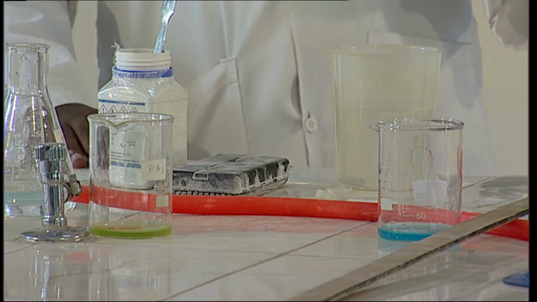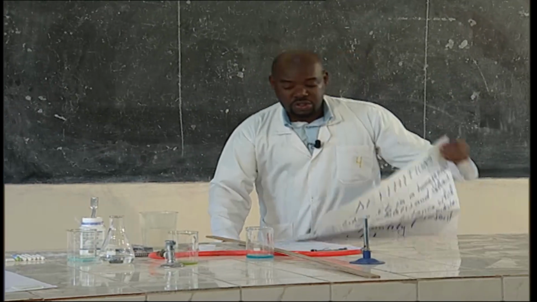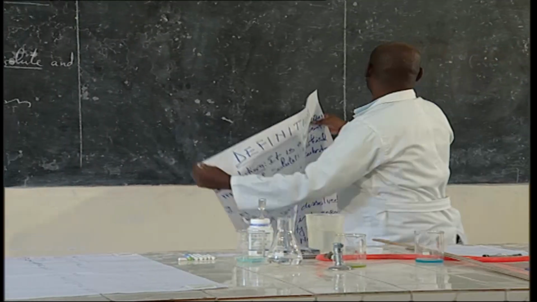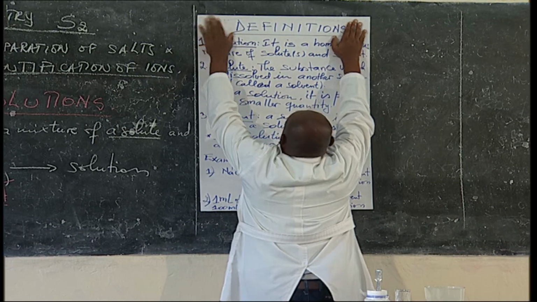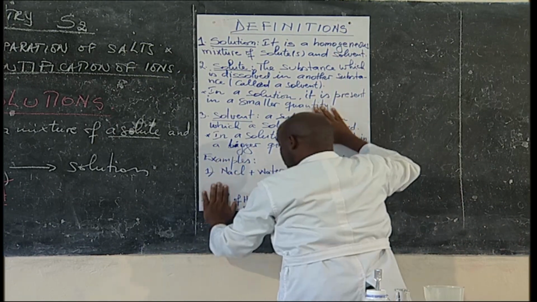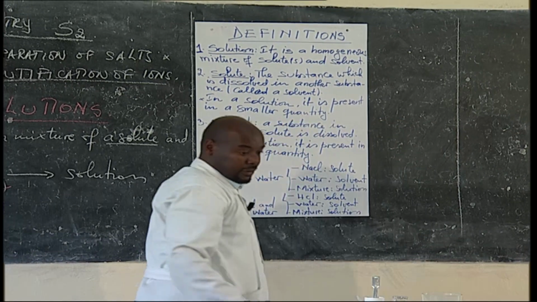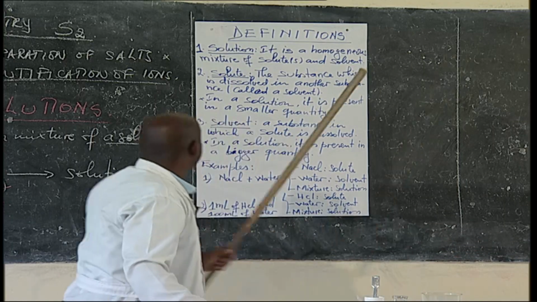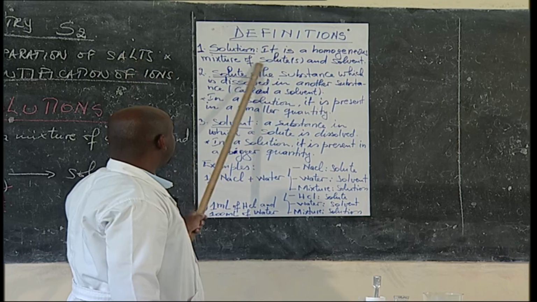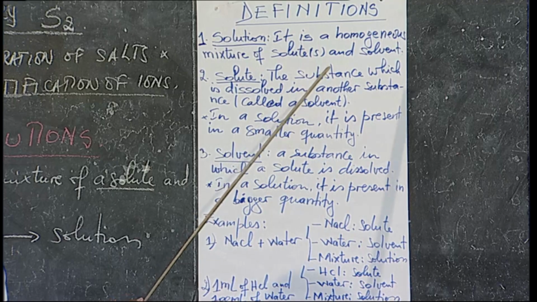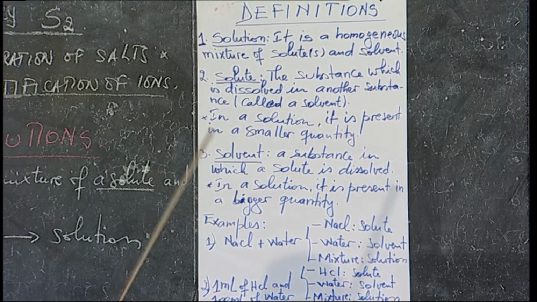And before we go to those different types of solutions, let us have a short summary of the necessary definitions that you need to always remember. What is a solution? It is a homogeneous mixture of a solute, it can be one solute or many solutes, and a solvent.